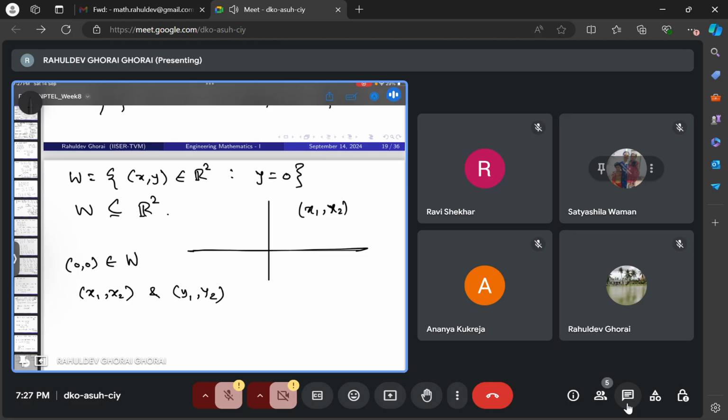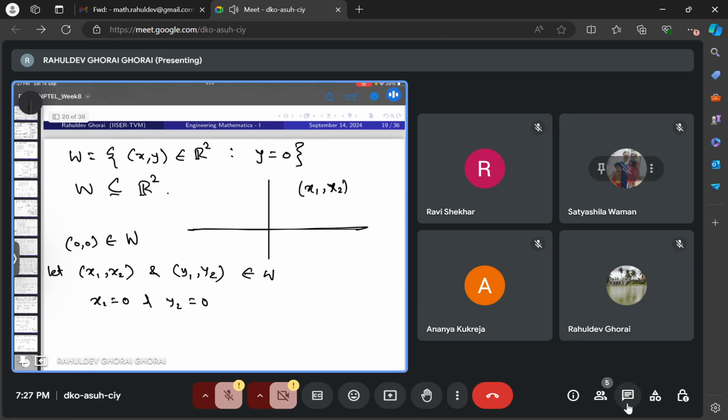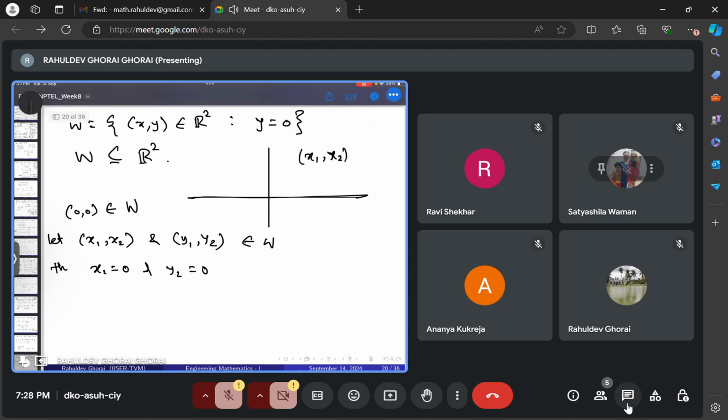So (0, 0) belongs to W. I have assumed (x1, x2) and (y1, y2) are in W, so x2 is equal to 0 and y2 is equal to 0.